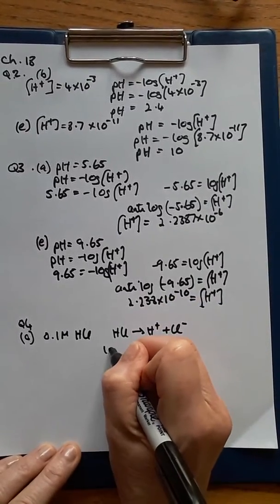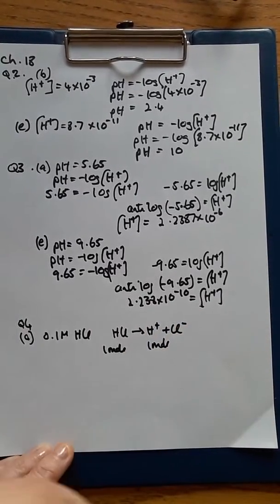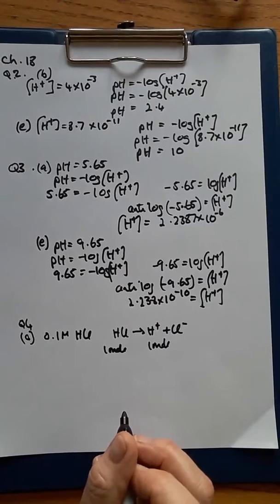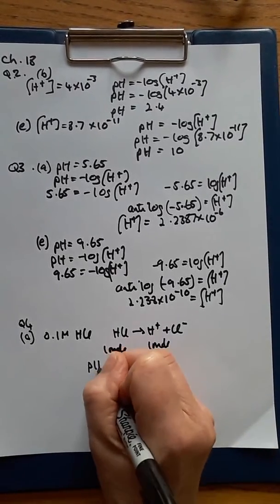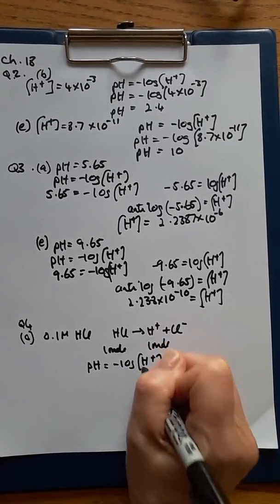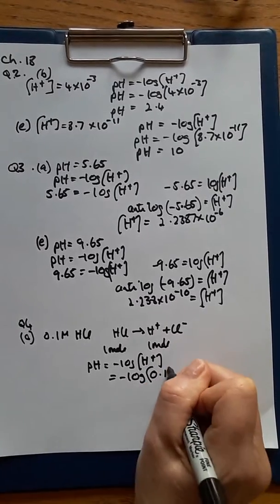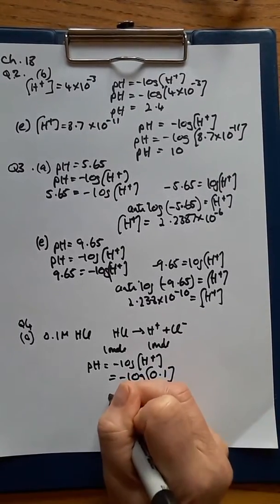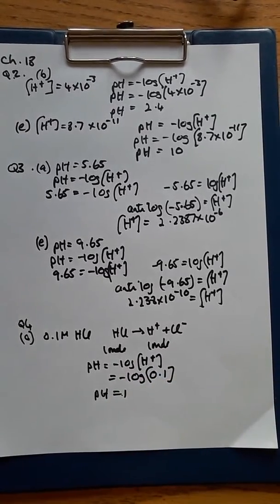And this tells me that 1 mole of HCl produces 1 mole of H pluses. Now that's very important that you do that at the beginning. Now your pH, of course, is minus the log of the hydrogen ion concentration, which is going to be minus the log of 0.1. And when I put that into the calculator, you just get that pH is equal to 1. Okay, so that's the first one.